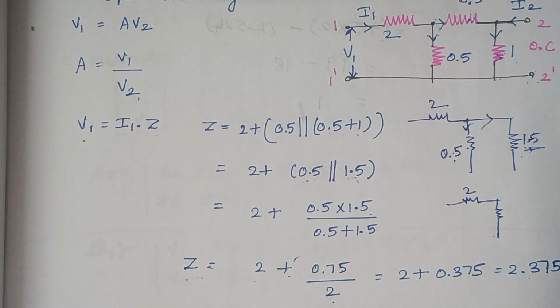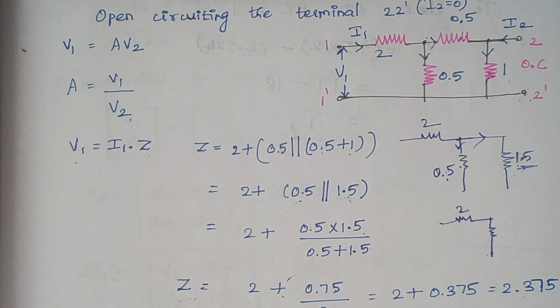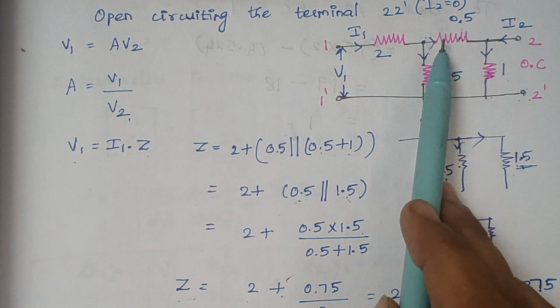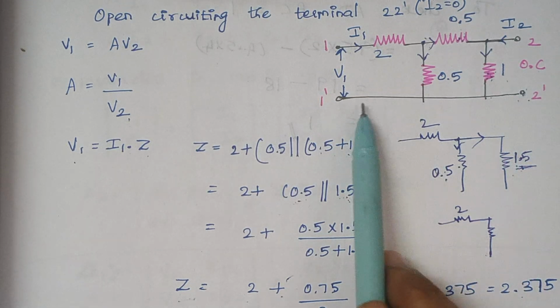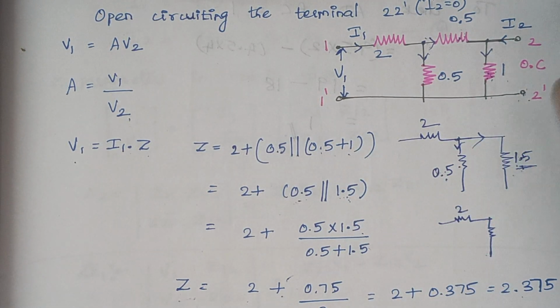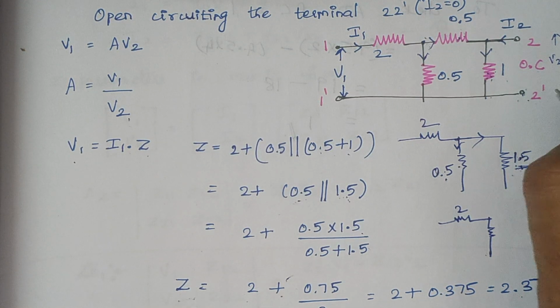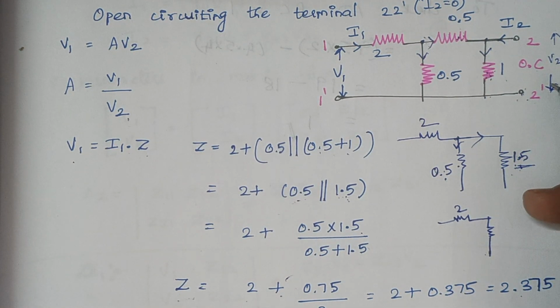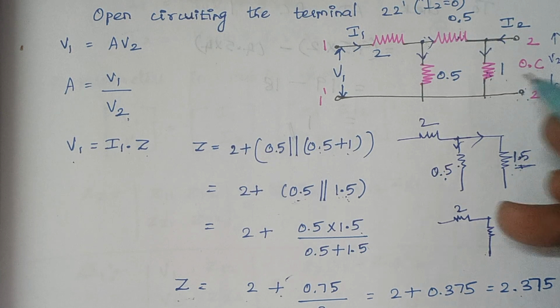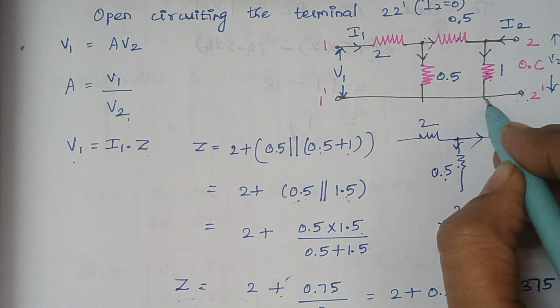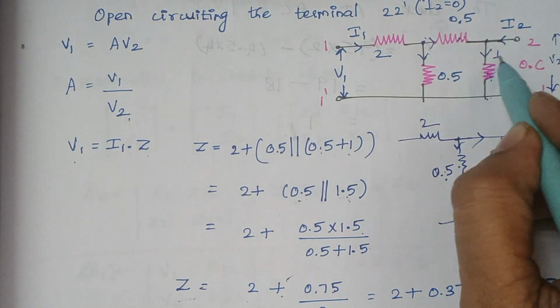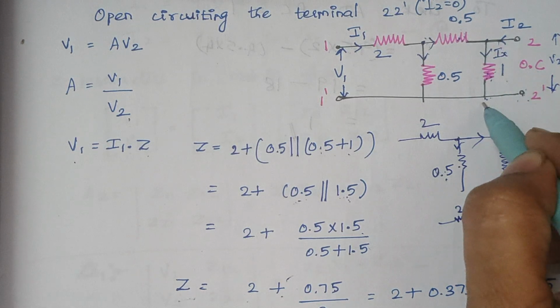Am I making things clear? Just for our calculation, I am combining these two resistors, but this is our original circuit. So this is V2. The voltage at this part is V2, which is the voltage impressed across this 1 ohm resistance. Again you see Ix is the current that flows through this 1 ohm.